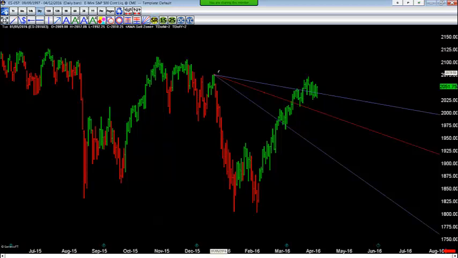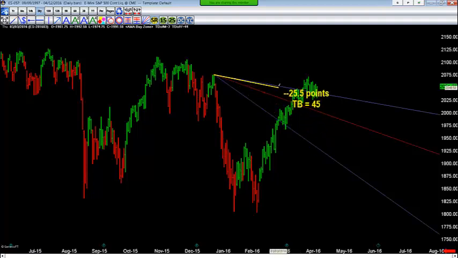Now, if I go down the blue line, it's 2-to-1. So multiply the bars, which is 20 bars, times 2, and you get 40 points. Okay? Anywhere you go down, you're going to multiply that by 2, and you're going to get the points.